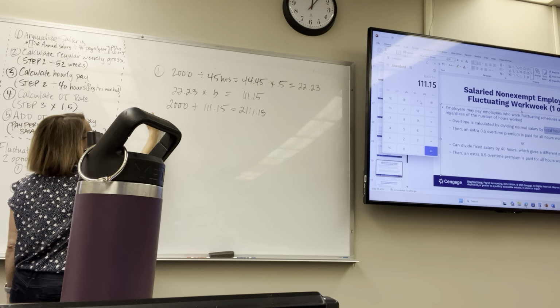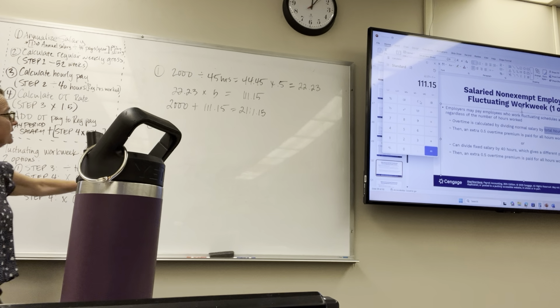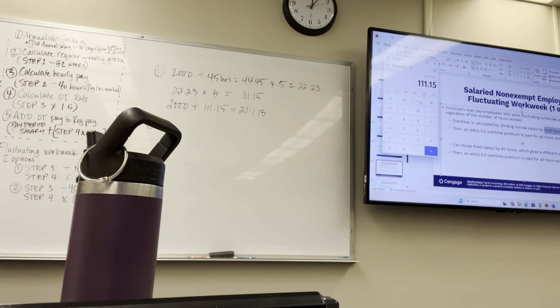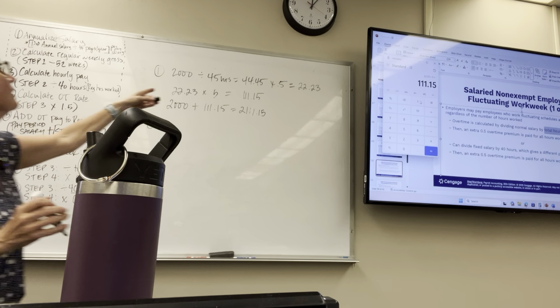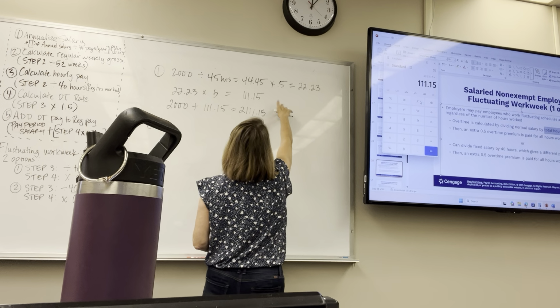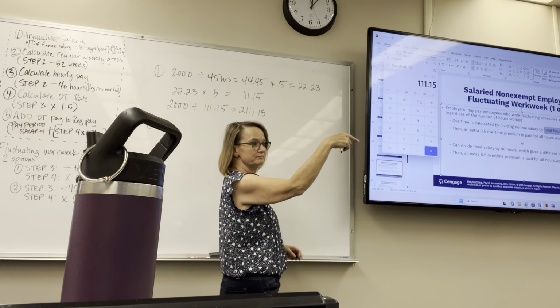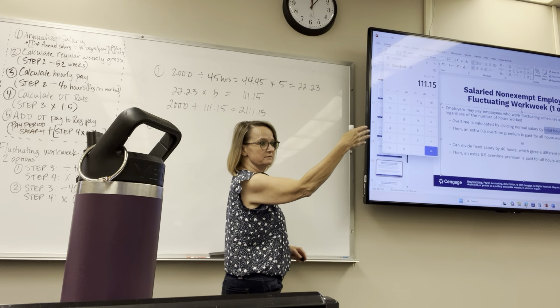The second method, instead of dividing by 45 hours, we're going to divide it by 40 hours. Yeah, Regina. Is there a reason why you're adding an extra penny to the totals? Right, instead of 44.44, 44.45? Well, because 44.45 divided by 2 would give me 22.225, so I just rounded it.